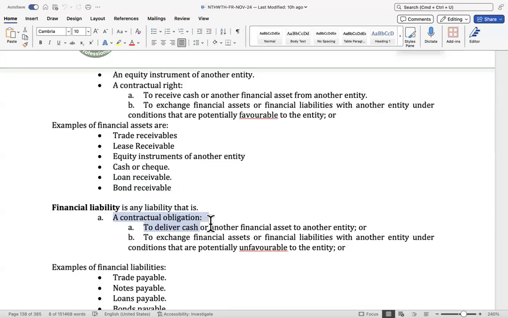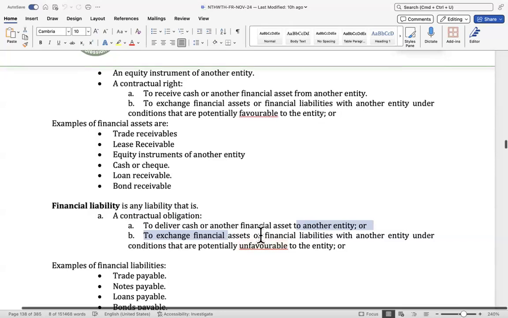Of course, the definition continues, which I will not want you to dwell on too much. The one that I have emphasized is either to deliver cash or another financial asset to another entity, or to exchange financial assets or liabilities with another entity under conditions that are potentially unfavorable to the issuer or to the entity.